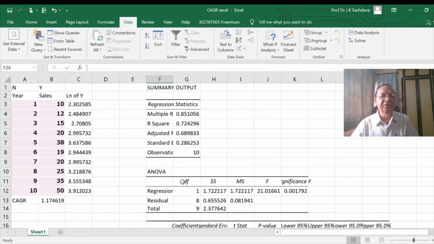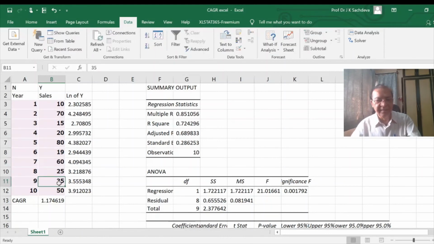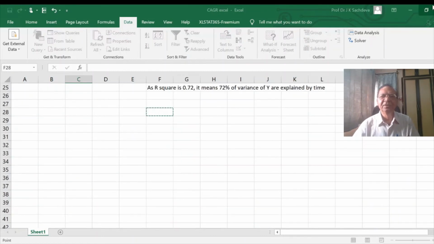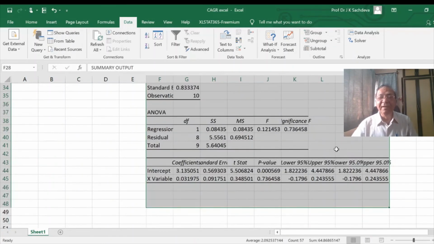Now we are using all the numbers. Now if we change the numbers here, say I make the numbers 70, 80, 60, or 10, what will happen? I will go to Data Analysis, do the regression, but I will put the output somewhere else. After doing this, I'll say OK.